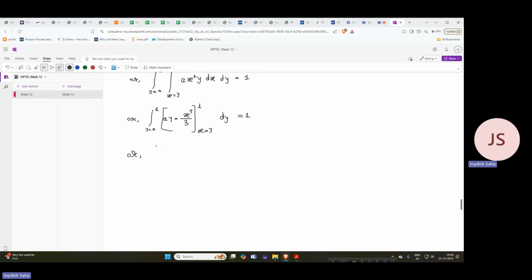This is y is equal to 0 to 1, okay, no, it was correct, I hope.